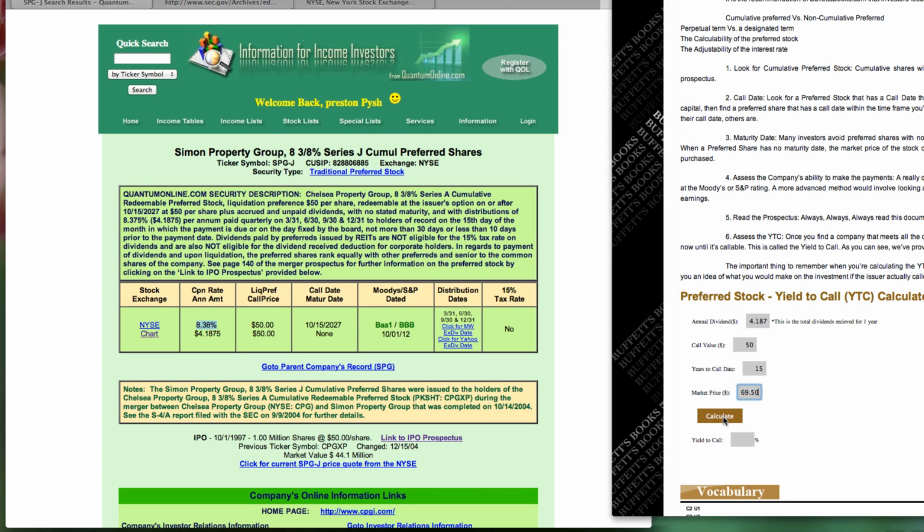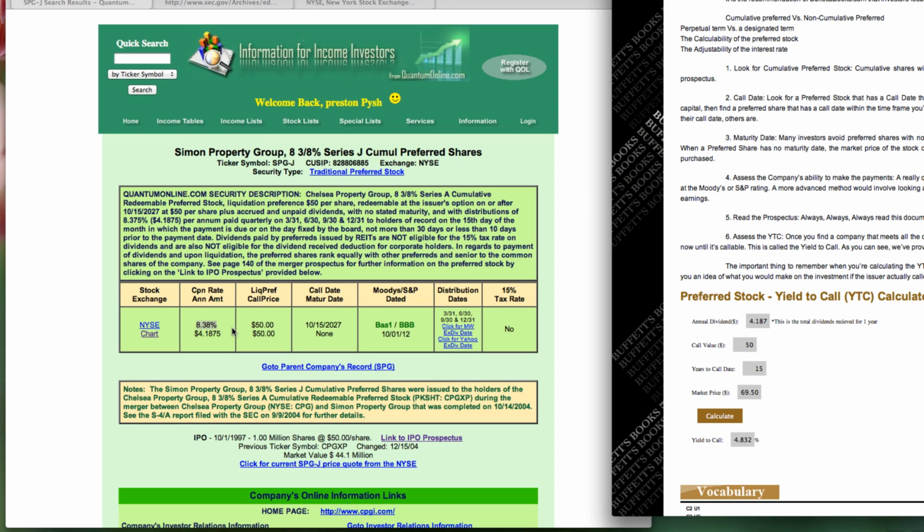As soon as we hit calculate, we see that the yield to call is 4.832%. That's a significant difference. The person who says, wow, this is a cumulative preferred, which is good, that's what I'm looking for, and the Moody's and S&P rating is within my tolerance, I like that, I'm going to get 8.38% on this if I buy it.